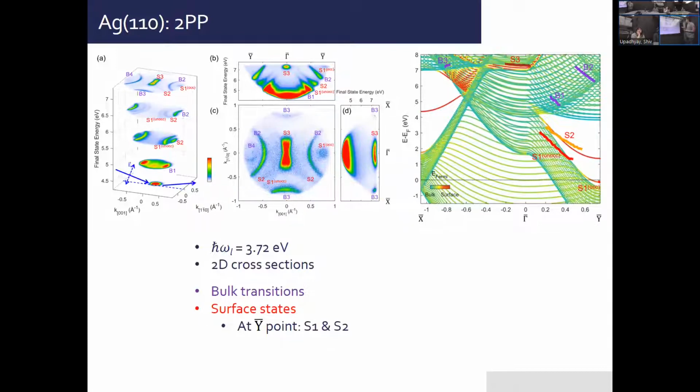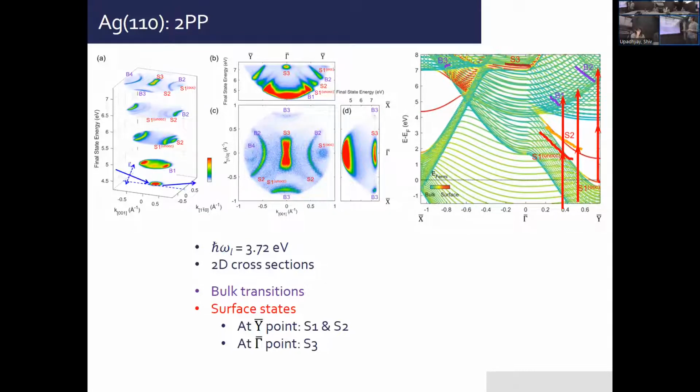For example, we can excite this S1 surface state, both the occupied part and the unoccupied part of the state. We can also excite the unoccupied S2 states. Also, at the gamma point, we have this additional S3 state. I will elaborate on this state in the second part of the talk.